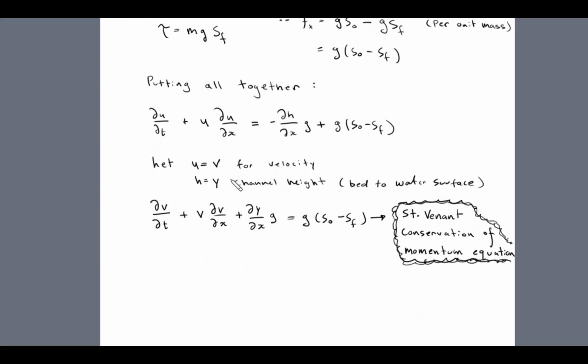And then for convention, we're just going to let v equal velocity and h equal y for the channel height, plugging that back into the derived equation, and that'll get us the conventional version of St. Venant's conservation of momentum equation.